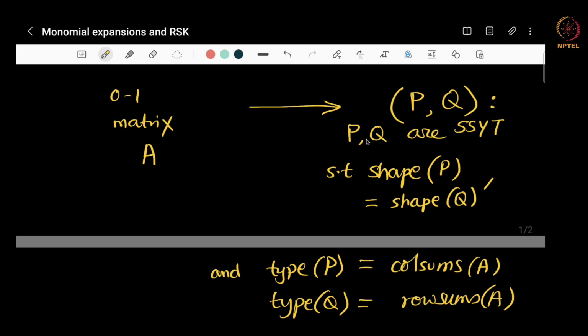The additional property it satisfies is that the row and column sums of the matrix A are related to the types of P and Q.